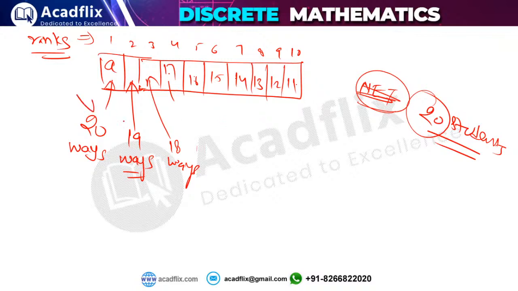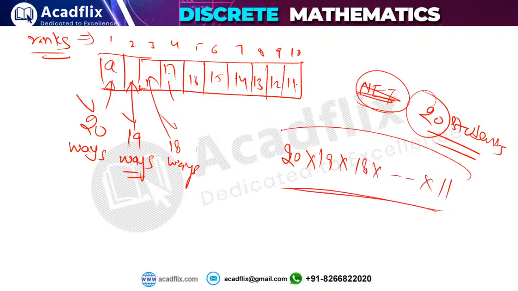You need to do this and this and this, because you need to make the top 10 rank. So this will be 20 into 19 into 18 into and so on into 11. This will be the answer. See, this is the product rule that we have applied. We have done nothing, we have just applied the product rule.